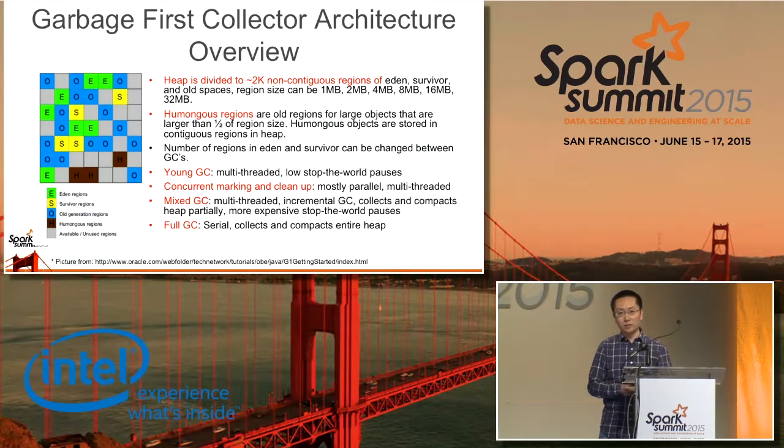The concurrent marking and cleanup phase tries to collect the dead objects in the old region and the humongous region as well. It is concurrent, so that most of the time your application doesn't need to be paused. This is very important because it identifies which objects are dead in your old and humongous regions. After this concurrent mark and cleanup phase ends, we have a very clear view of which regions inside the old and humongous regions are most filled up with dead objects, which is garbage.